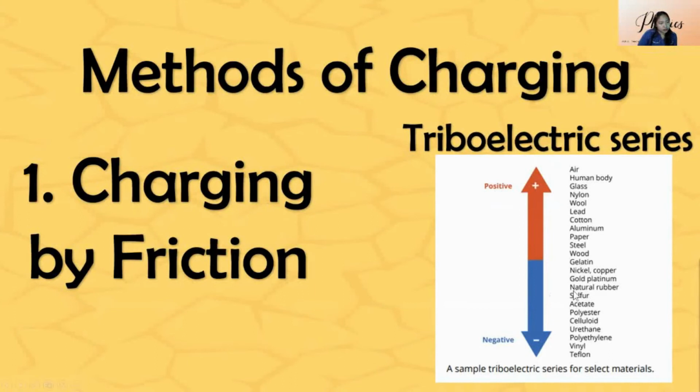How about the rubber, the plastic rod or the rubber rod? It has more tendency to become negatively charged than positively charged. Okay, so definitely we can use this series for us to determine or predict which one will more likely become positive or negative after the interaction.